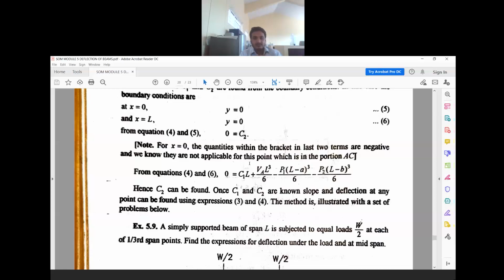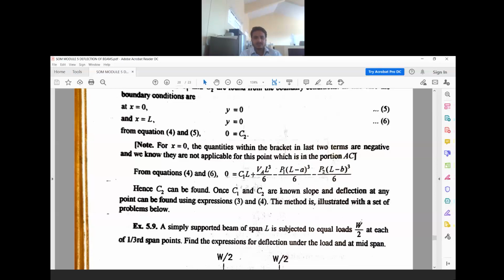So from equations 4 and 6, we can write y is equal to 0, and when x is equal to L, it will be L minus a and L minus b. Okay.